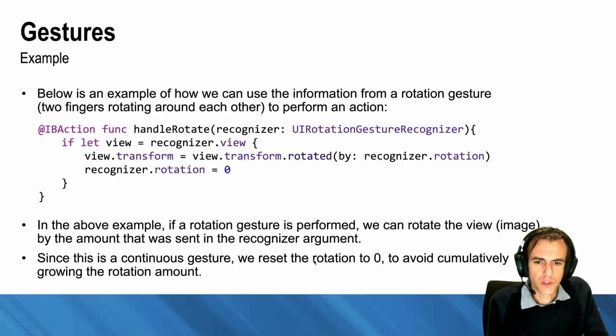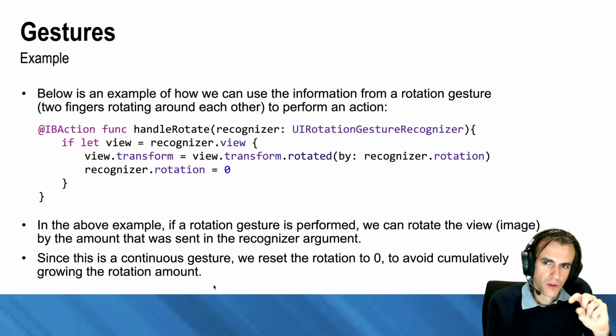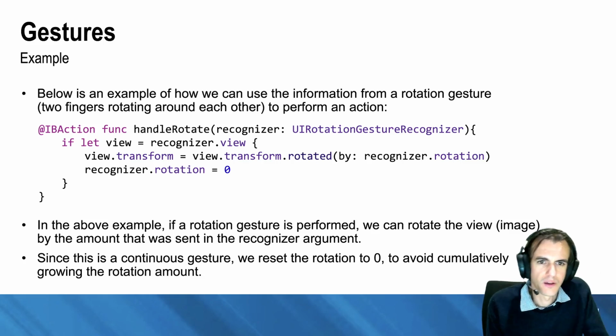So as a result, we set the rotation back to 0 each time to avoid cumulatively growing the rotation amount. Otherwise, as you rotate, the thing would be spinning increasingly fast, like some kind of fan, which we don't want.